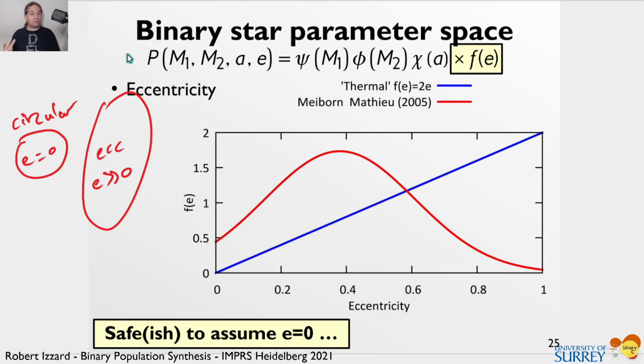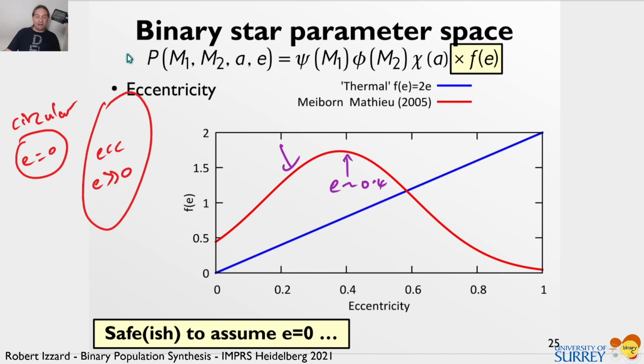However, if you look at stars when they are born, for example if you observe them in clusters, such as in Duquennoy and Mayor's paper from 2005, they've written some follow-up papers as well, which I highly recommend, you get a distribution that looks something like this, which peaks at around E is 0.4. So it turns out that on the zero-age main sequence, the systems are born with a lot of eccentricity.